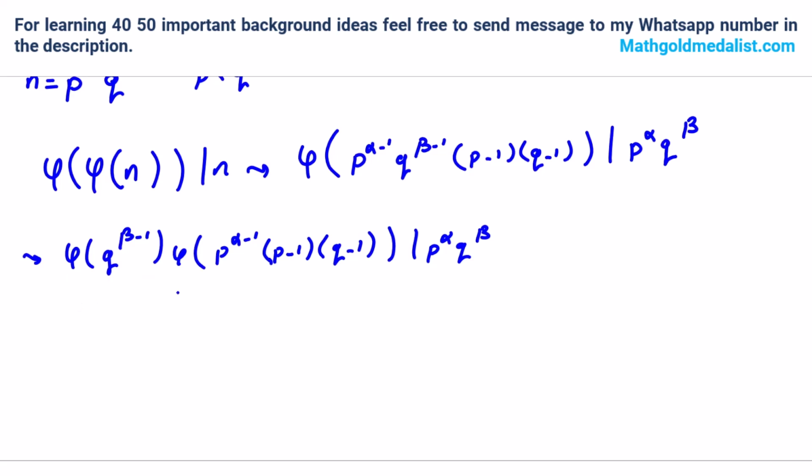Again, we have two cases, right? Case 1, beta is 1. Case 2, beta is greater than or equal to 2. So in this case, we can say what? This one will be what? It's going to be Q raised to beta minus 2 times Q minus 1. So Q minus 1 has to divide Q raised to alpha.